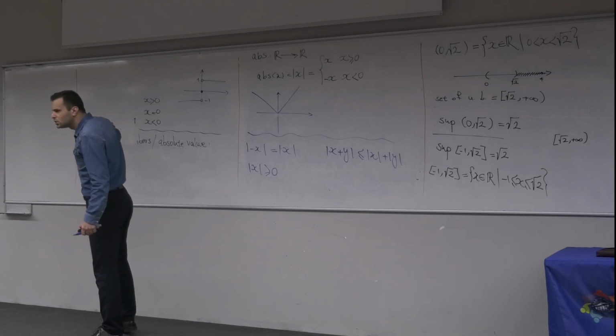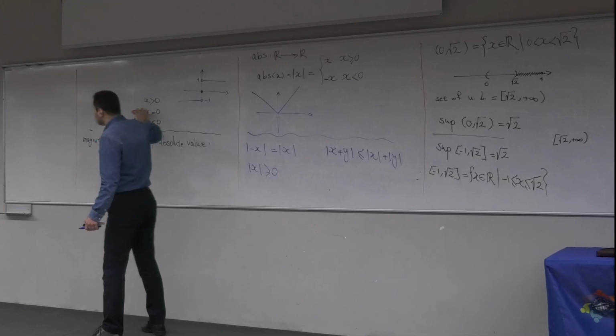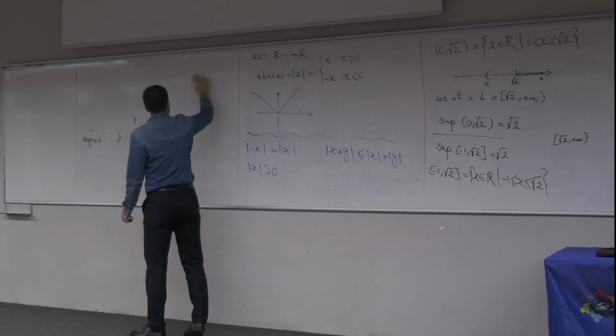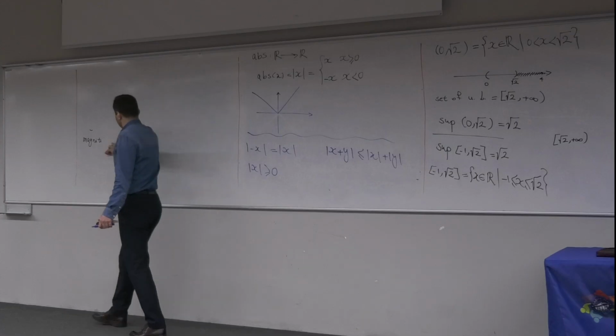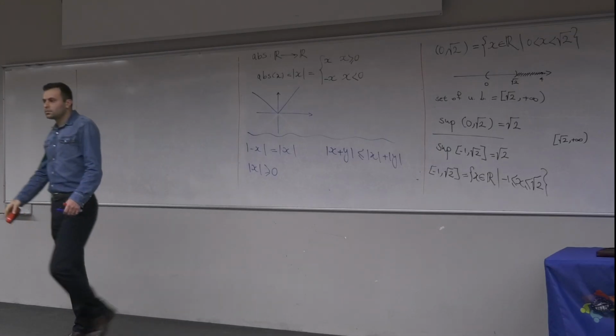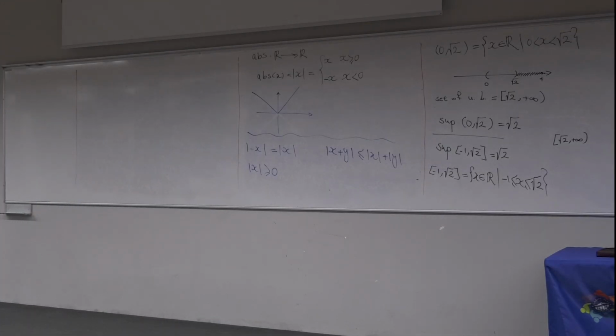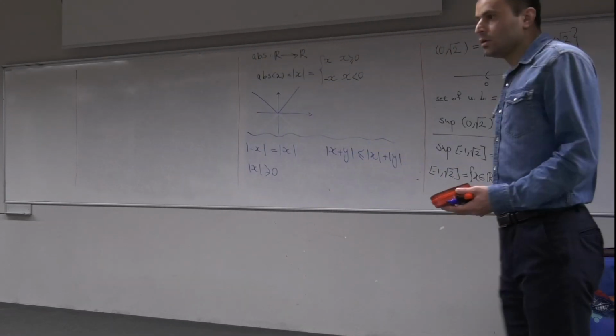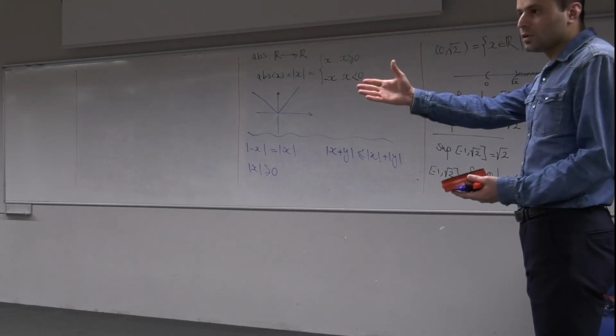Can you please speak louder? It should be starting from one point to go to another point. What do you mean by starting from one point to go to another point? For instance, if I want to calculate the distance of this with this one, what you're saying is that I need to start from one of them and go to the other one.